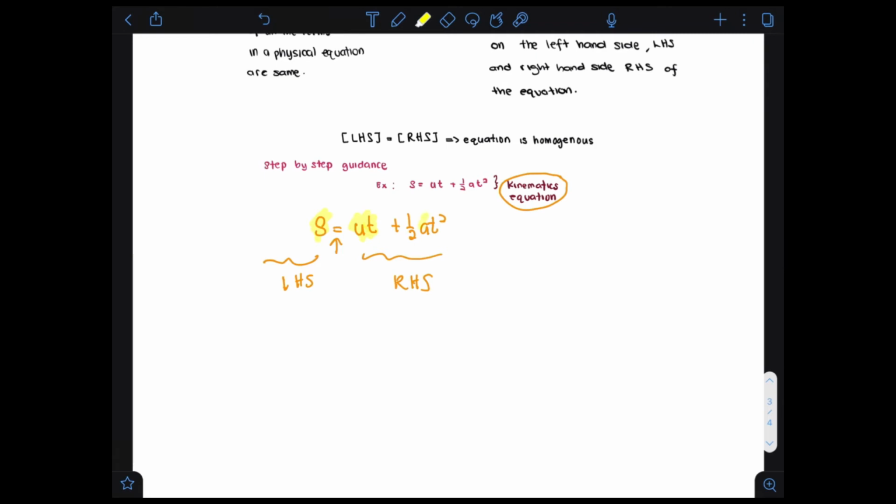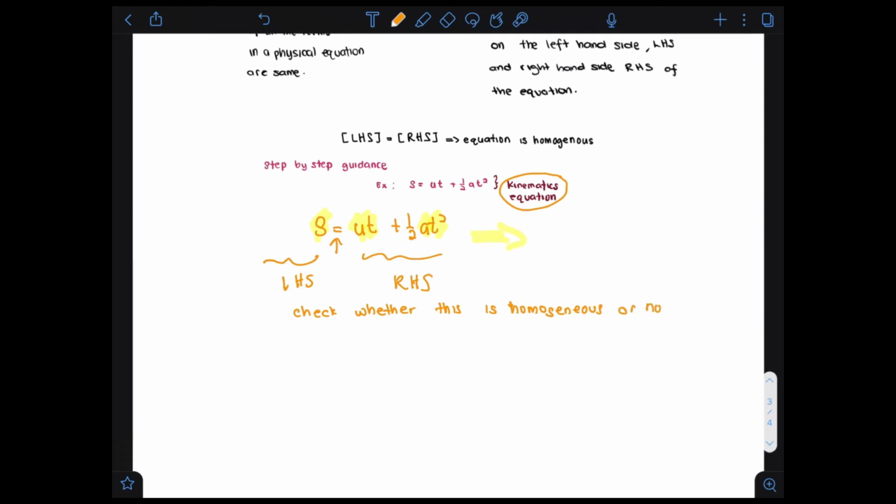Half is just a number here. A adalah acceleration kita, and then T square is coming back to the time here. Okay, so kita dah identify semua term yang present dekat sini. So now we are going to check the homogeneous. So kita nak check whether this equation is homogeneous ataupun tidak.